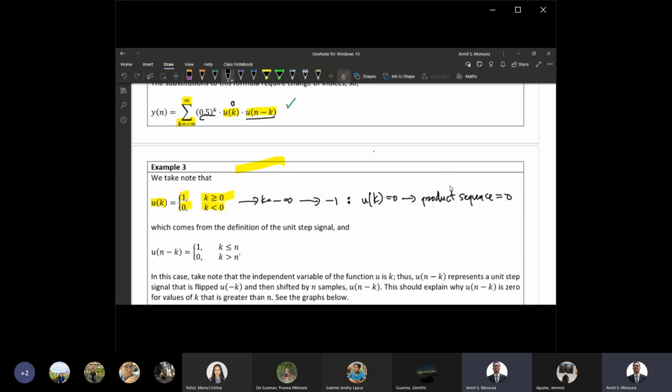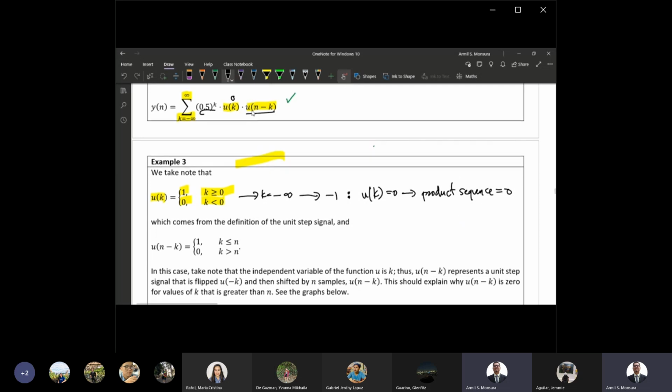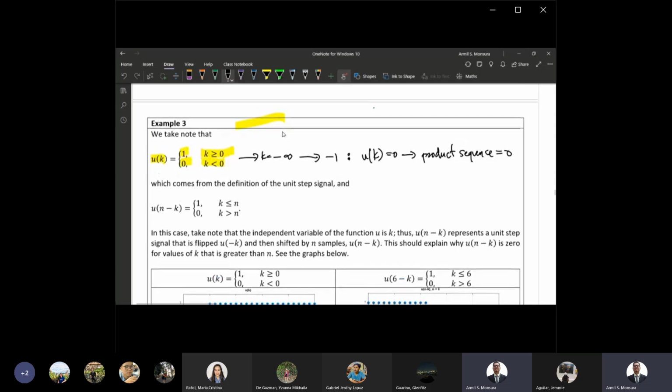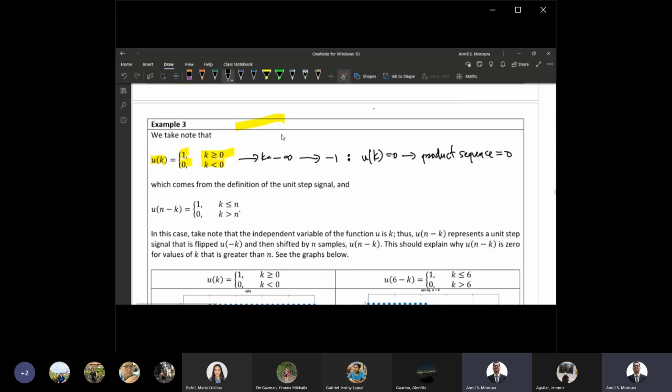So, ayun. Now, on the other hand, tingnan natin to, no? U of n minus k. Ngayon, ang U of n minus k, tatandaan niyo isa, lift and shift ito. Or time folded and shifted ito. So, which means, nanggaling muna yan sa U of negative k.